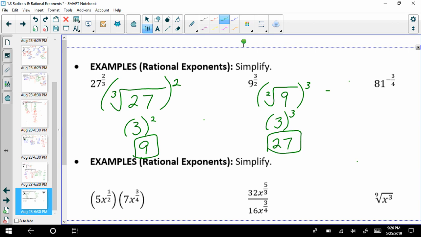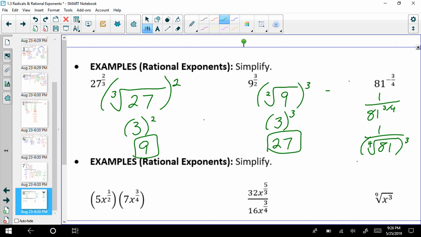Next one, 81 to the negative 3/4. I have a negative exponent, so first, let's move it to turn the exponent positive. Now let's rewrite it in radical form. Now this one's going to be, the bottom number is a 4, so it's going to be a 4th root. And then it's cubed.